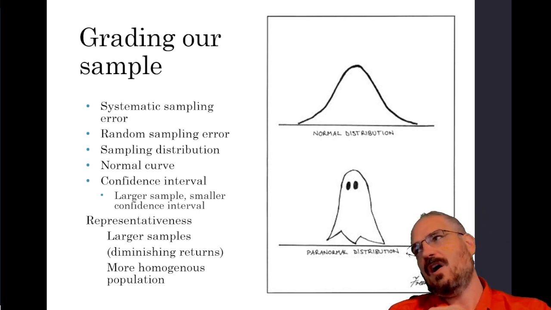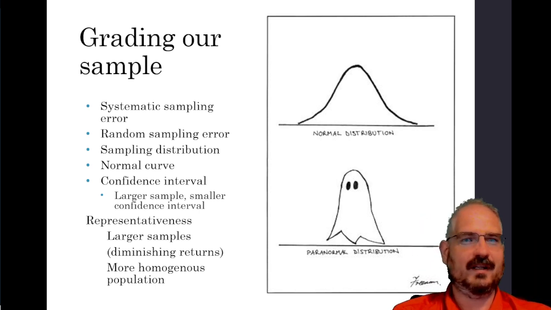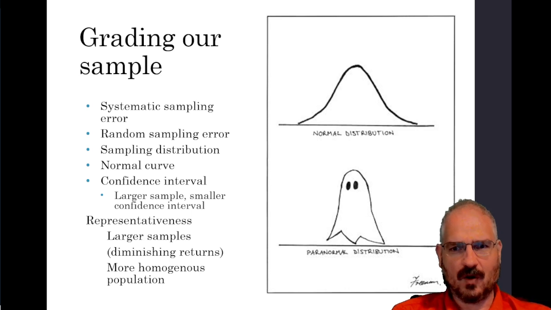So let's say we're talking about voting behavior in the state of, what's a big swing state? Pennsylvania. Voters in the state of Pennsylvania. We sampled 1,200 registered voters, asked them who they were going to vote for, and 52% said candidate A. So under that normal distribution, right there in the middle is going to be 52% for candidate A. The real value, assuming we have only random sampling error and no systematic sampling error, for what percentage of the vote candidate A is going to get is somewhere under that curve.